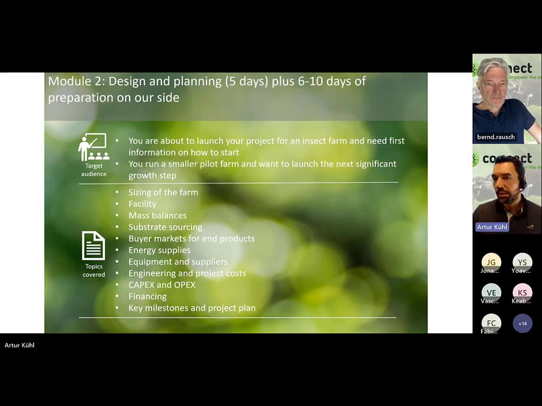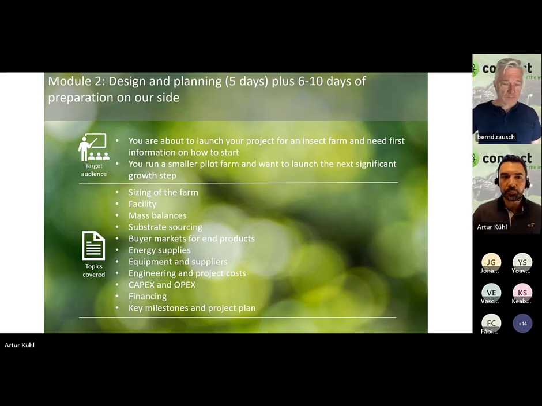The other would be design and planning. Then we go a little bit deeper, check what's already there, where the gaps are, following good engineering practice, but also sharing our experience from the market, and involving the people that we have here in the webinar, or our network. So it's not a one or two man show in this case. The idea of ento-connect, as I mentioned, is really to profit from the network.